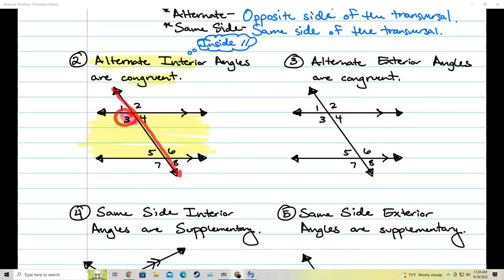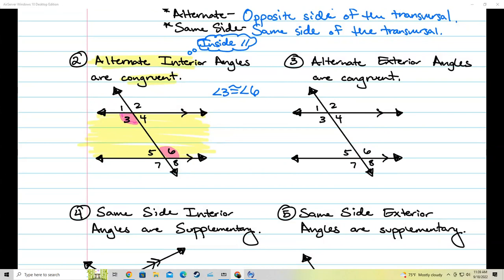I need to alternate sides, which means not only do I need to hop over that line, but I want to hop over all the way down to angle 6. I'm not going to focus on angle 8 because angle 8 is exterior, right? I only want the interior one, so I'm going to focus in on angle 6. Angle 3 is congruent to angle 6 because they are alternate interior angles. They're both on the inside and they're on complete opposite sides of that transversal, okay?